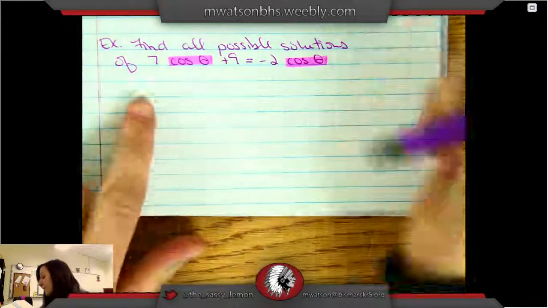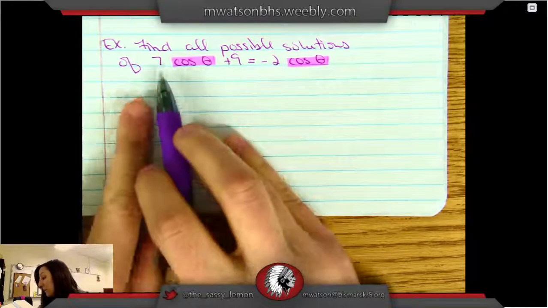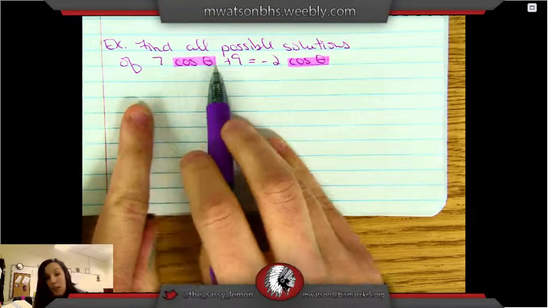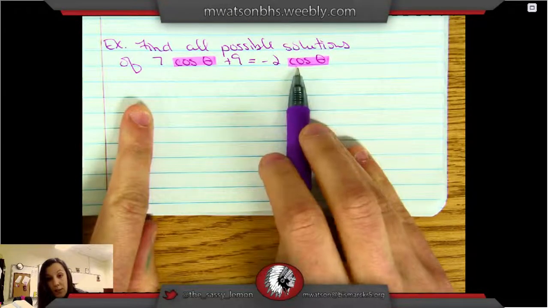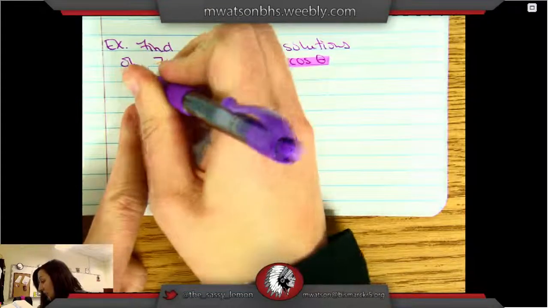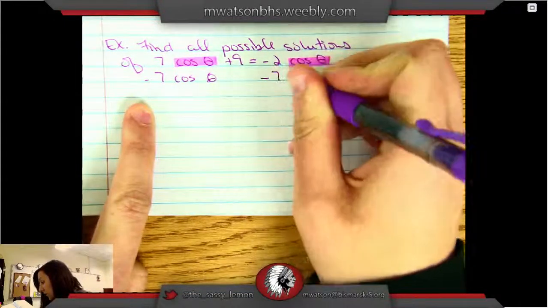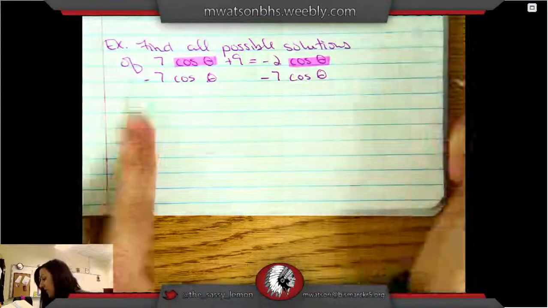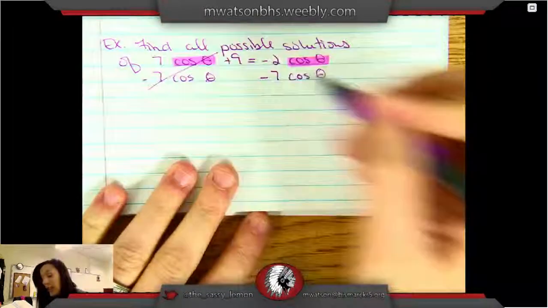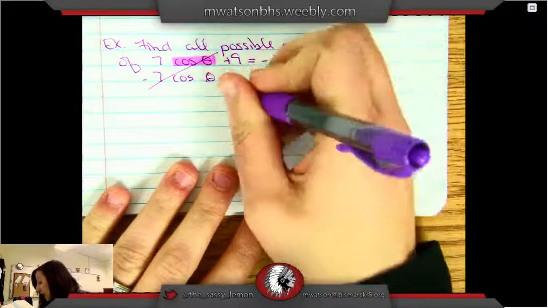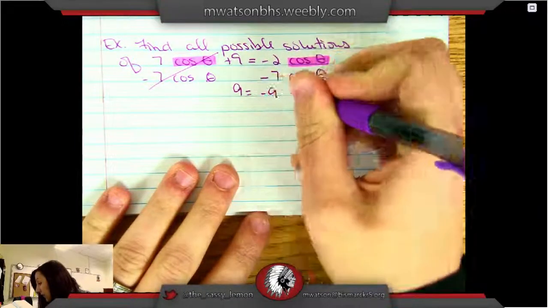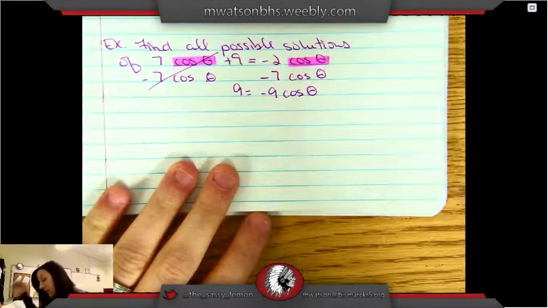So first I need to move this 7 cosine theta over with this -2 cosine theta. So I'm going to subtract, and just treat it just like an equation. And then these two are going to cancel. So now we have 9 equals -9 cosine theta.